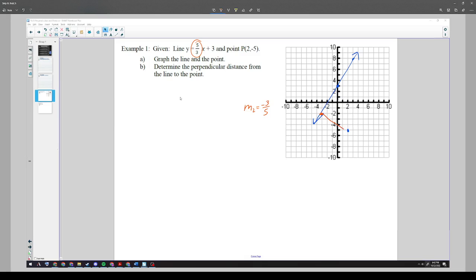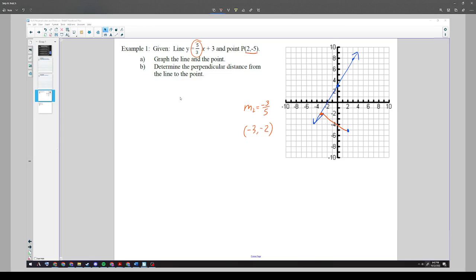A lot of times in these problems, you're going to end up with radicals or fractions or things that don't make nice even numbers like this did. But this one happens to be a nice starter problem, and it intersects right here at (-3, -2). So (-3, -2) is our point of intersection, and our starting point was (2, -5).